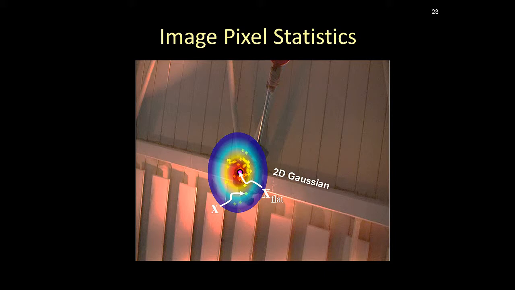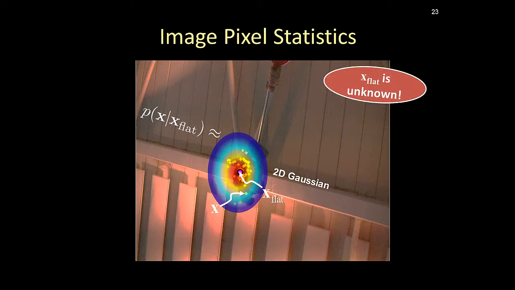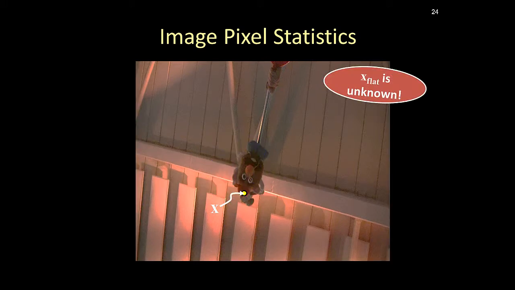Red means high probability and blue low probability. This is the distribution of x given x flat. But x flat is unknown. So we have only x. We do not want to wait to collect statistics and average in order to get x flat.